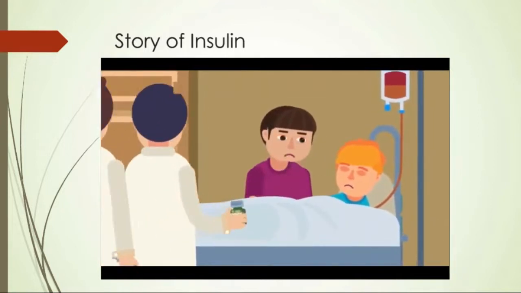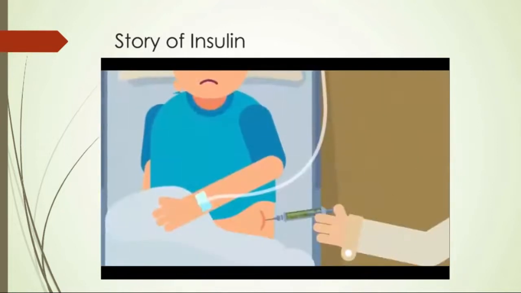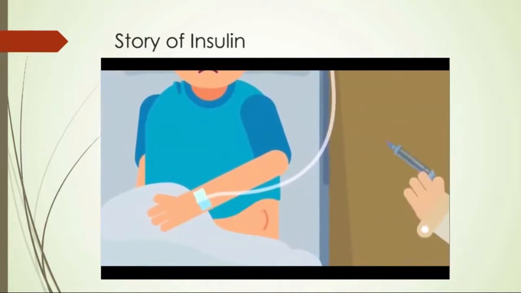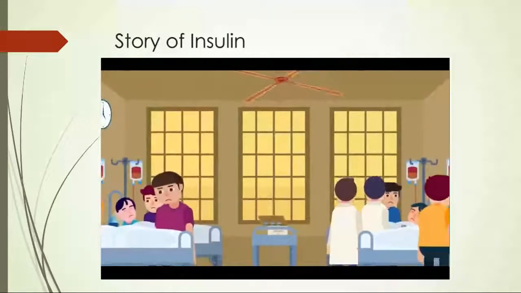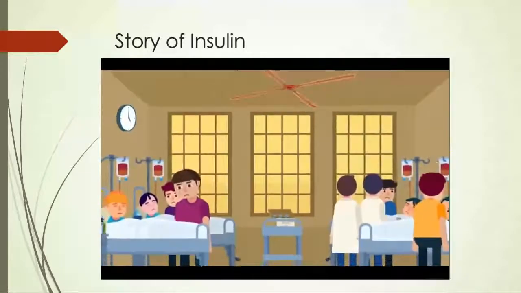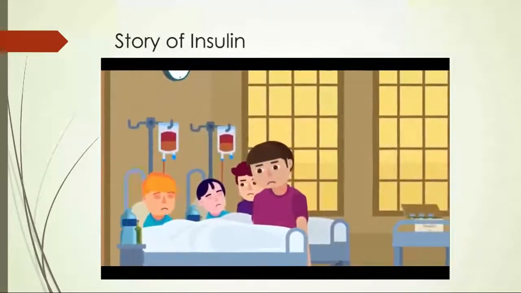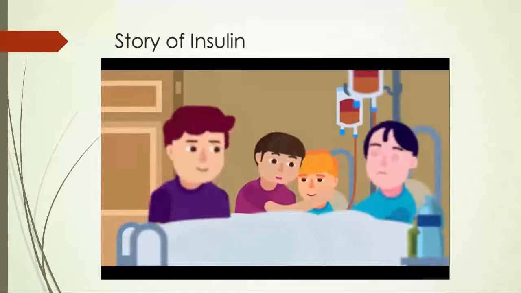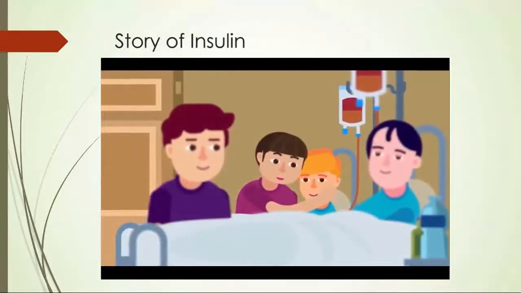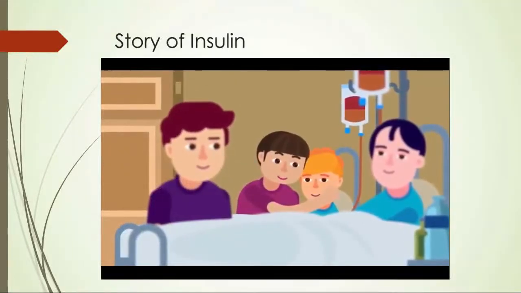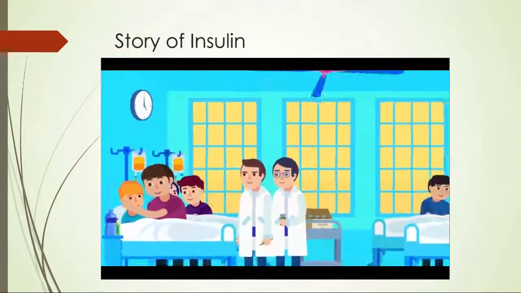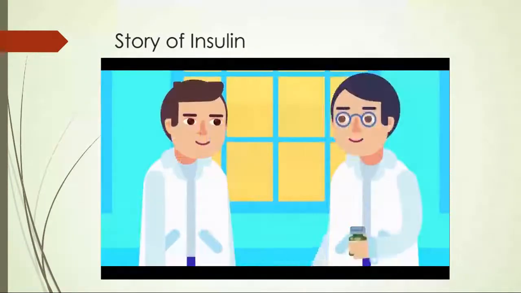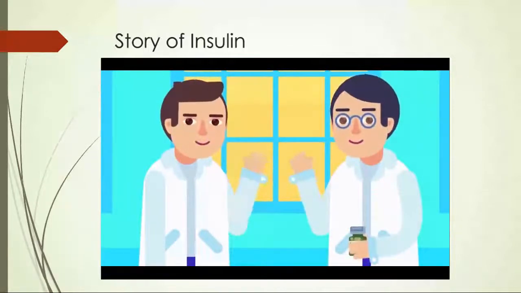The scientists went from bed to bed and injected the children with the new purified extract, insulin. As they began to inject the last comatose child, the first child injected began to awaken. Then, one by one, all the children awoke from their diabetic comas. A room of death and gloom became a place of joy and hope. Thanks, Dr. Banting and Dr. Best.